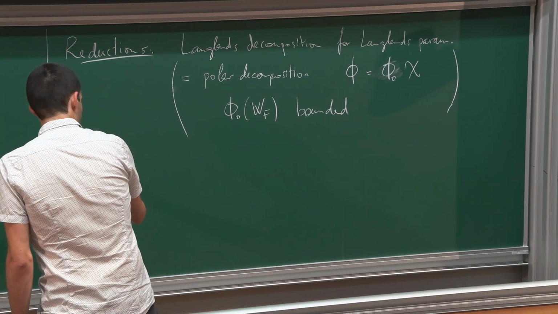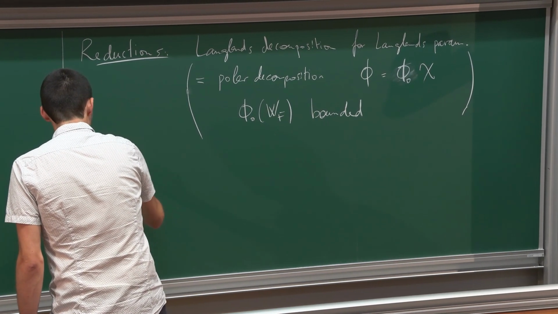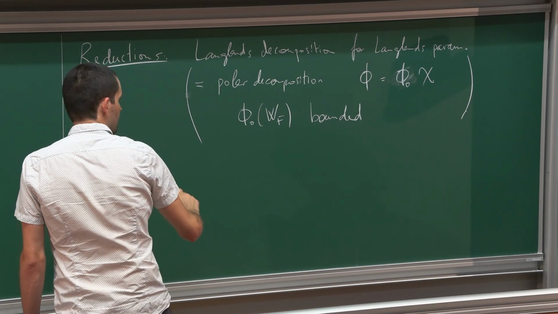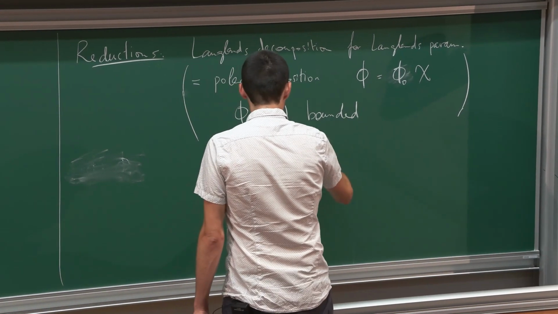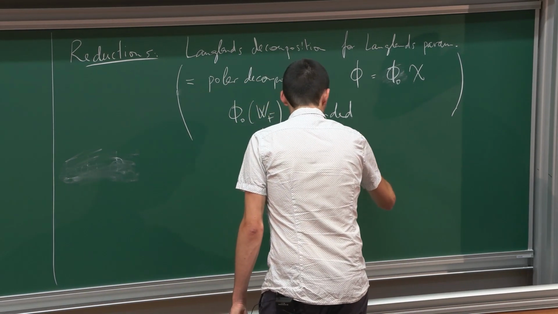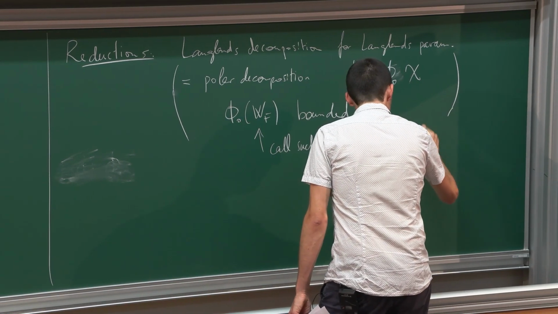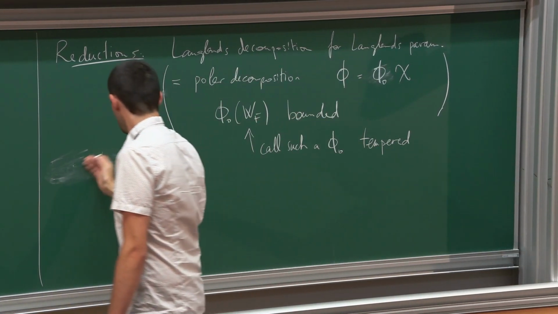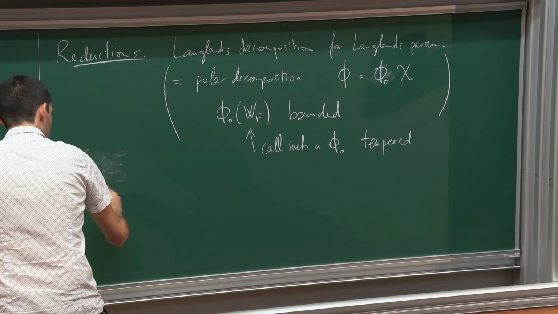And we have also the following fact. So let me take this opportunity: we call such a phi 0 tempered. That's really the analogous thing. And so we have the following fact.